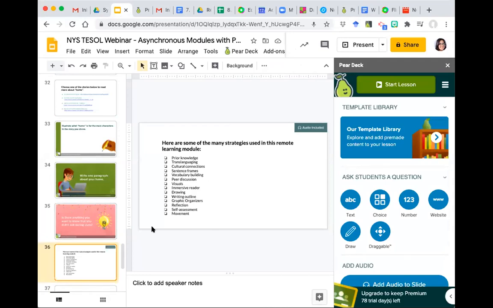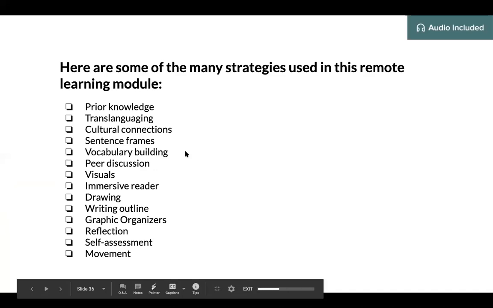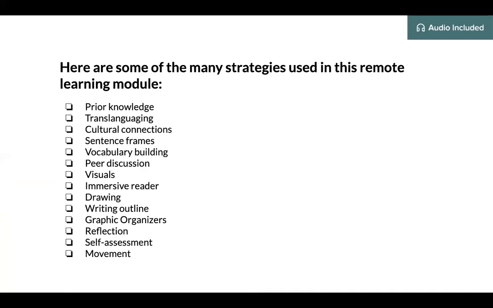So I wanted to show you, let me present this one so that you can see it in full view. These are the many strategies that were used in this model. So I tapped into prior knowledge. There was translanguaging because the students were using their home language as a resource.